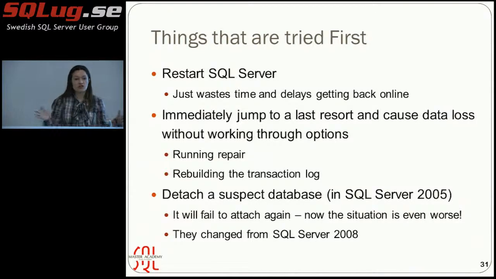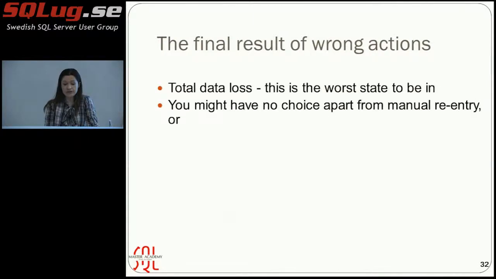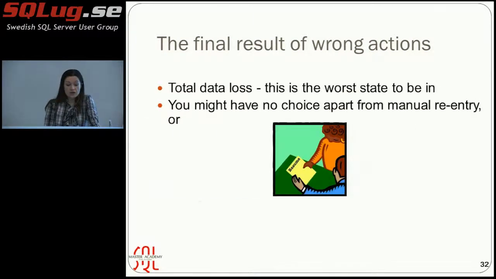They just detached a suspect database, and it became worse. So they changed it, and now you can't detach a suspect database. What is the final result of such actions? It could be total data loss.